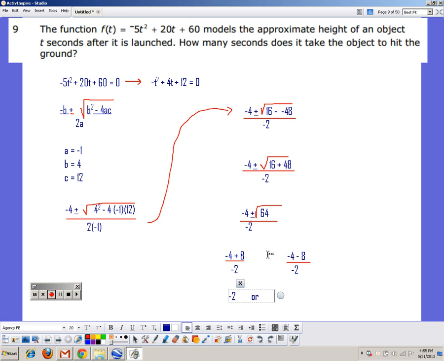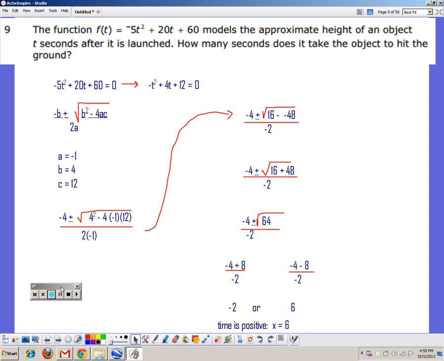Or negative 4 minus 8 is a negative 12 divided by negative 2 is 6. Now remember, time is positive, so we must use the positive answer. So the answer for number 9 is 6. So time is positive, so x equals 6. You cannot use the negative number for time in this type of problem.